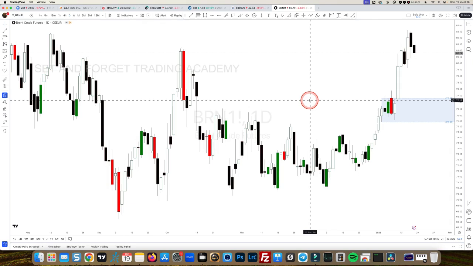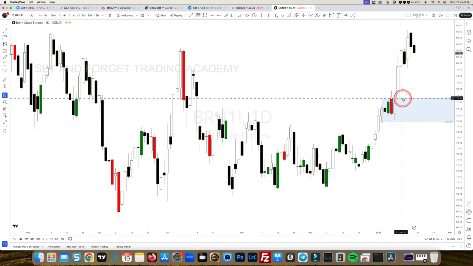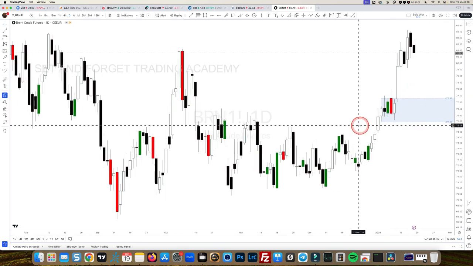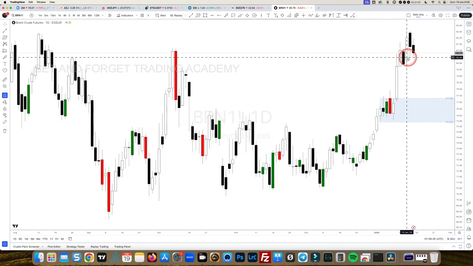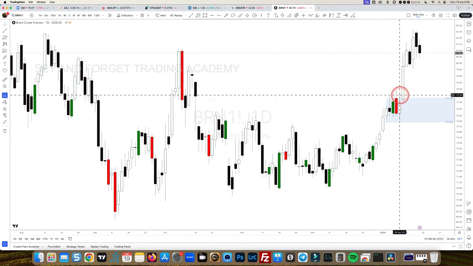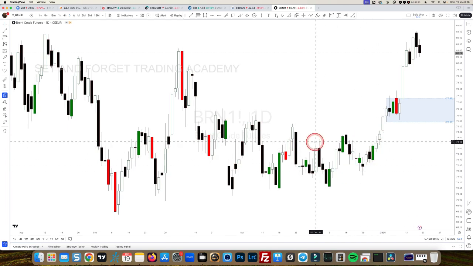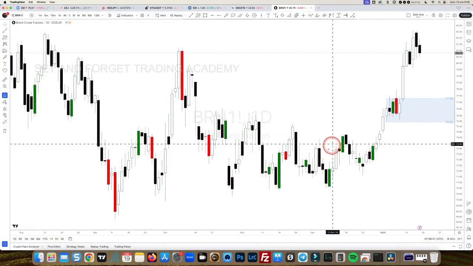So that would be the continuation pattern for Brent futures on the daily time frame in the middle of January 2025, when I'm recording this course.